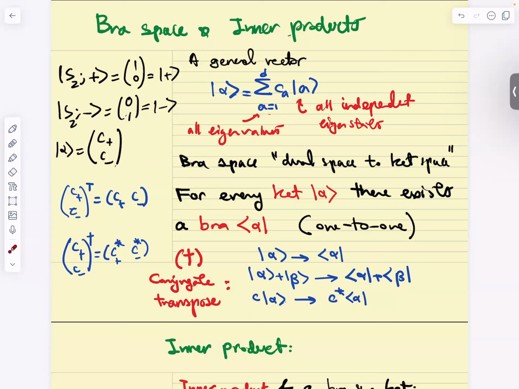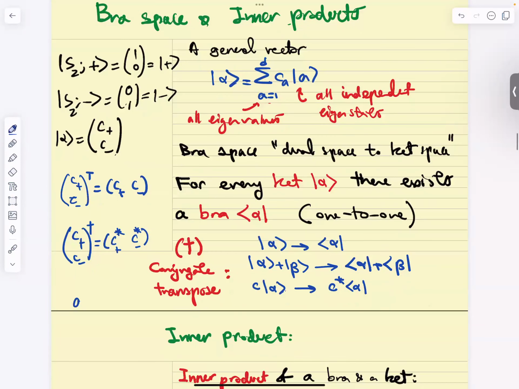That's not surprising, because you take the transpose and conjugate. Is this step clear? Such a map is called an anti-linear map.